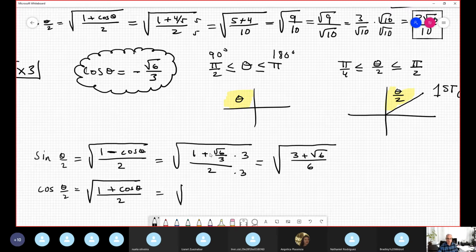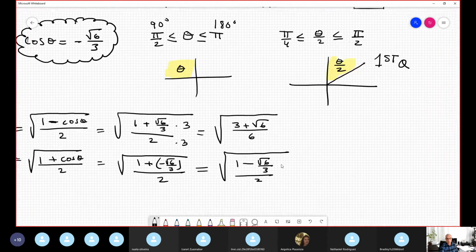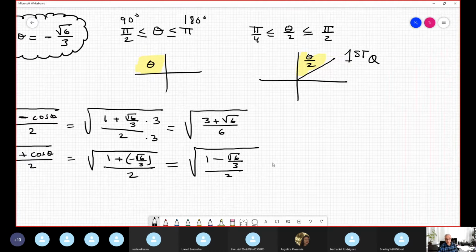Likewise, the cosine is similar. It's 1 plus, but this is negative radical 6/3 divided by 2, ¿no? Entonces, square root of 1 minus radical 6/3 divided by 2. Similar, I multiply by 3 top and bottom in the same fraction.